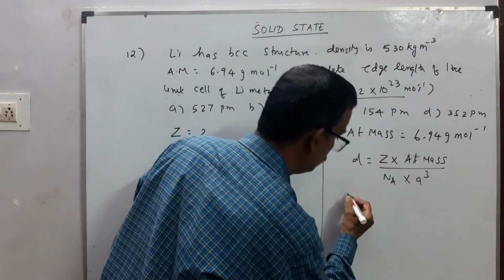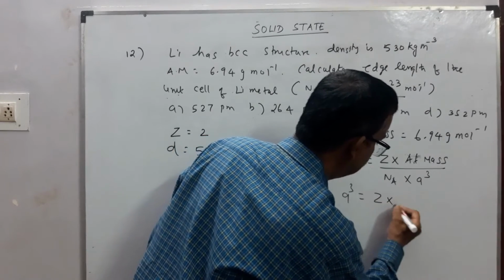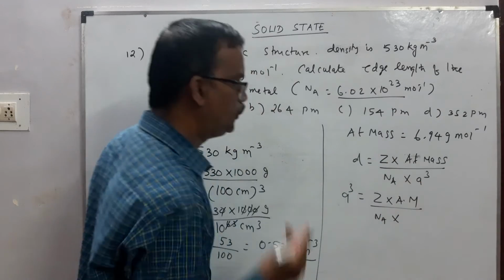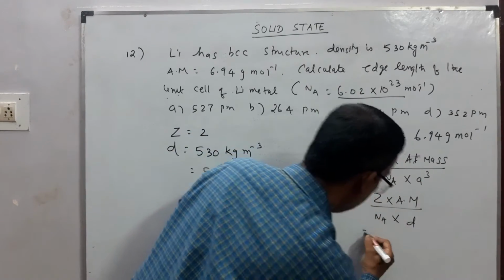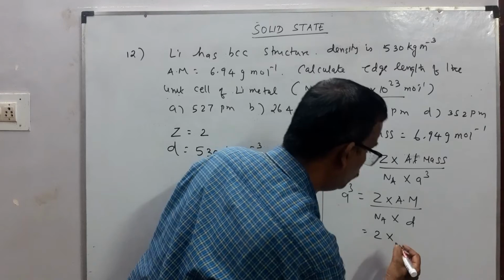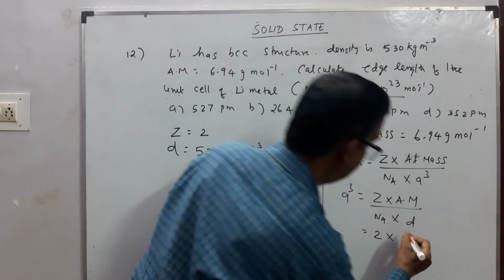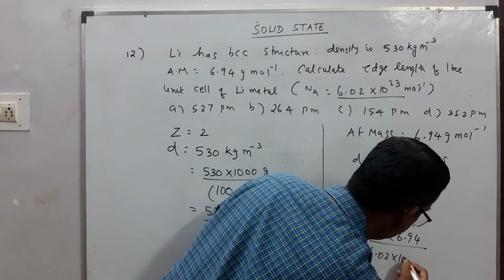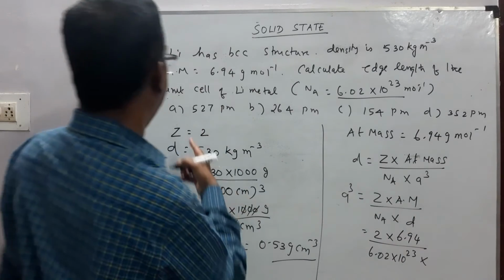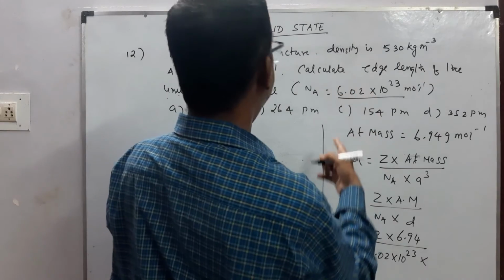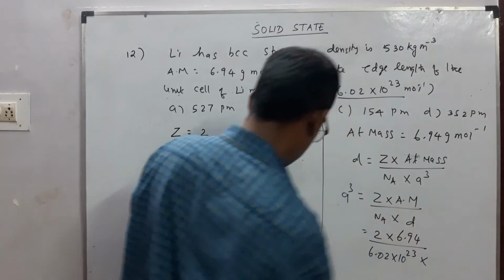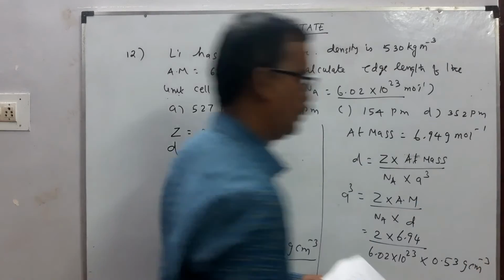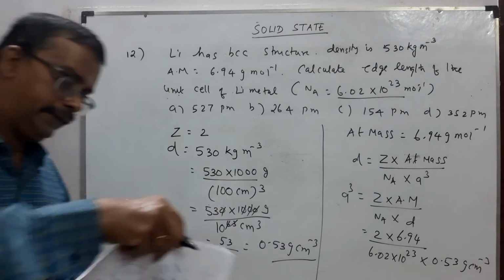We have to find a cube. So, a cube equals Z into atomic mass by Avogadro number into density. For BCC, that value is 2. Atomic mass 6.94. Avogadro number 6.02 into 10 to the power of 23. Density value 0.53 gram per centimeter cube.